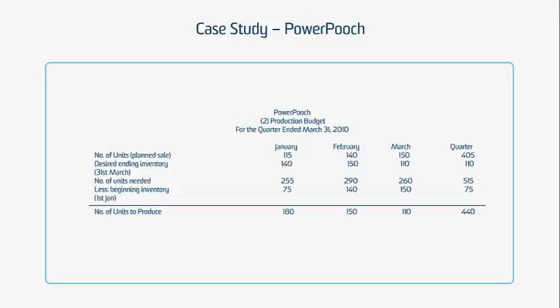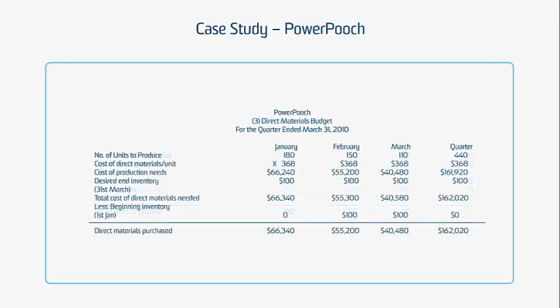We then go into the direct materials budget. We take from the production budget what we need to produce for the period in units, and multiply it by the direct materials cost per unit, so 368 for each period. So the cost of production is the units to produce multiplied by the cost of direct materials per unit.